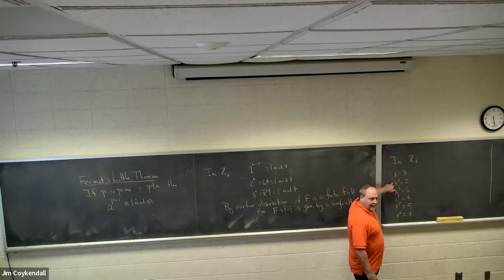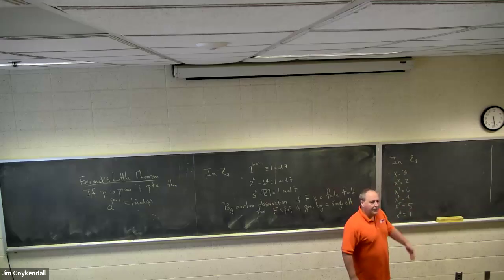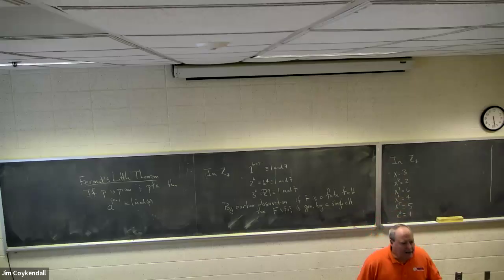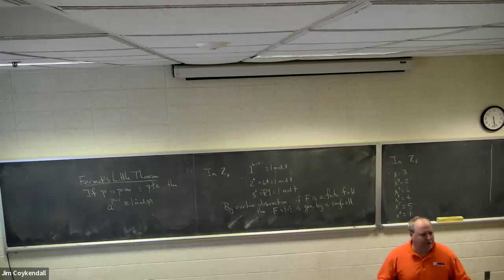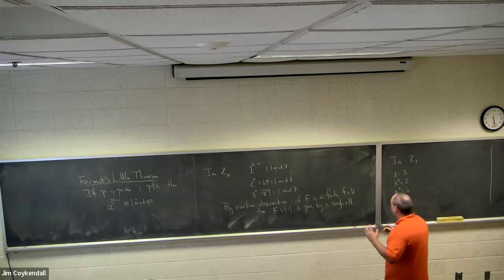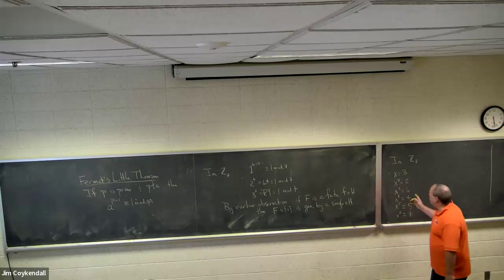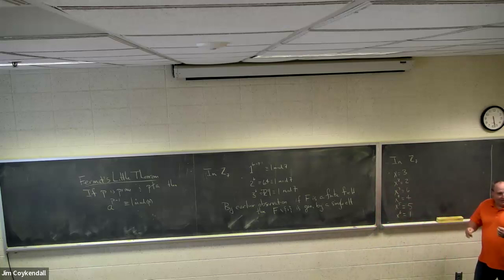This magic little x has powers that sweep through and get every non-zero element of the field. Any finite field must have this property. If you like the technical stuff, the finite subgroup of the non-zero elements of the field must be cyclic, so there must be something.